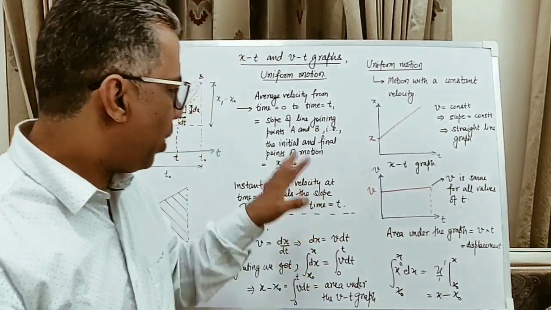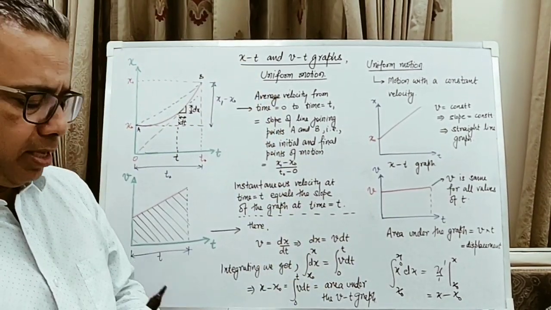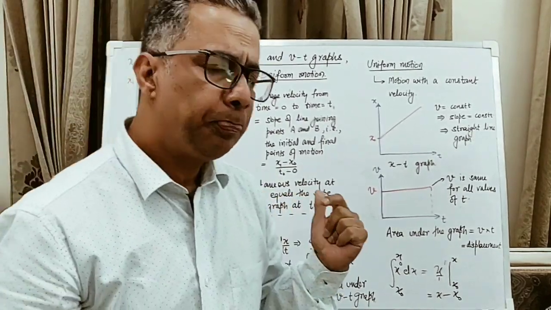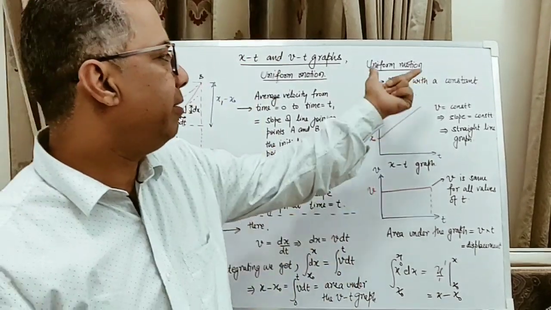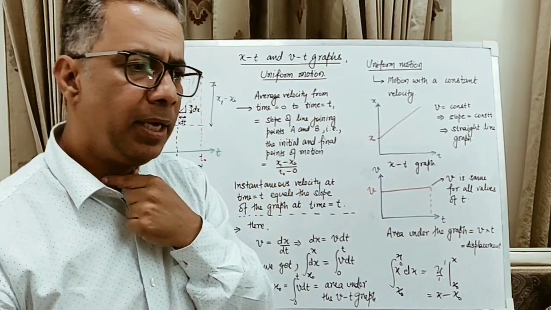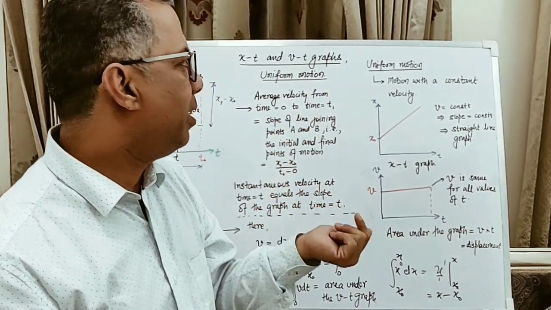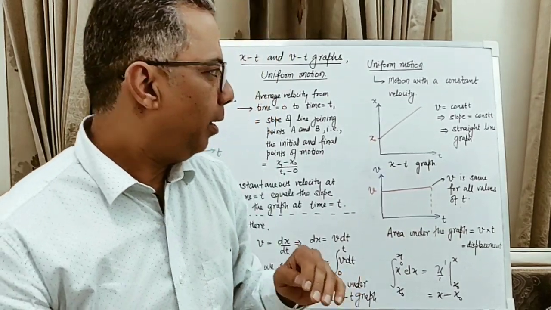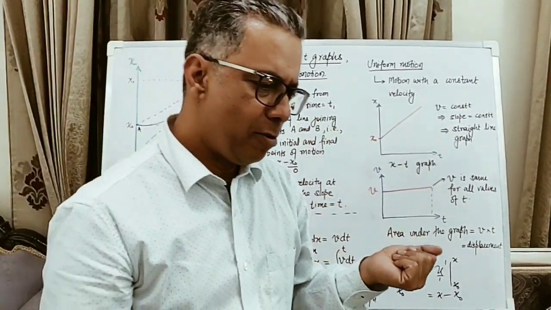Now once we are clear with these geometrical interpretations, let's very briefly discuss a very interesting introductory concept in motion, and that is uniform motion. Now what is this uniform motion?